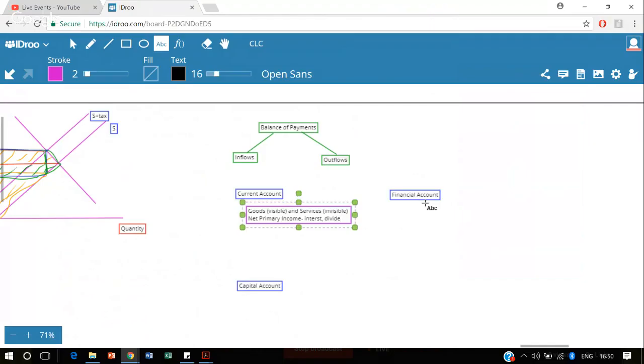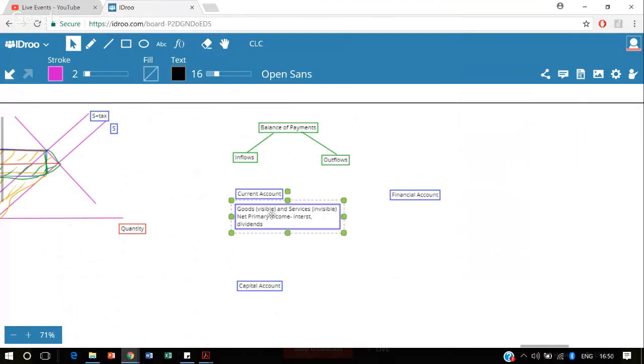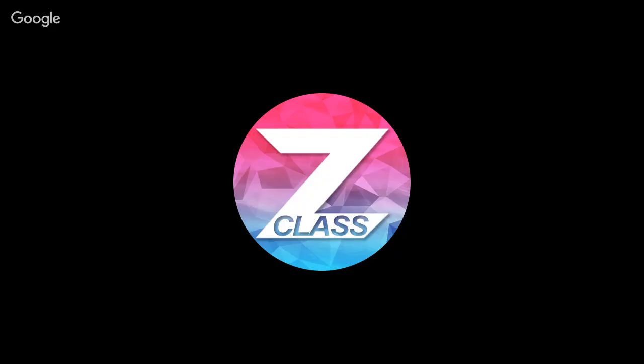That's interest. That's like all the foreign. So if you have citizens working elsewhere, then they bring money in. Oh, so like remittances. I have not heard that word.